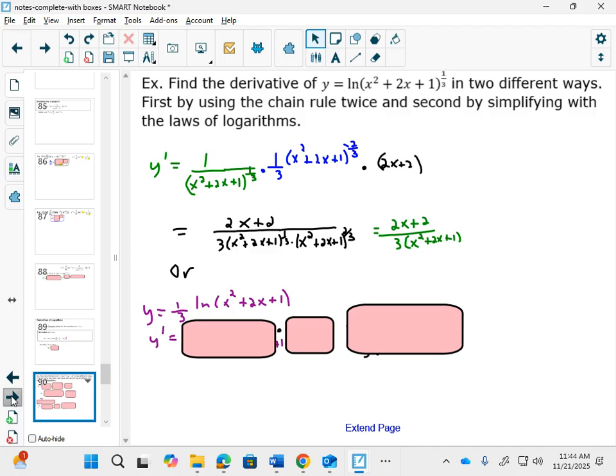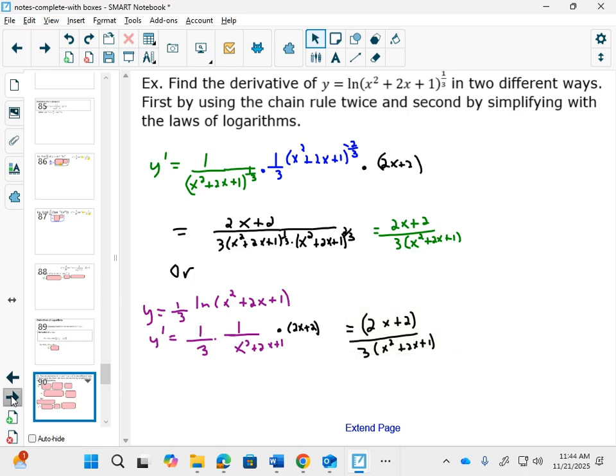So now when I do the derivative, I still have a chain rule, but only a chain rule once, because now the x squared plus 2x plus 1 is inside the natural log. I have a coefficient of 1/3. That just stays a coefficient of 1/3. And so I can do 1/3 times the derivative of the outside function, keeping the inside the same, and then multiply by the derivative of the inside, which in its simplified form is exactly the same as the top one, but it's just a lot easier to work with, right?